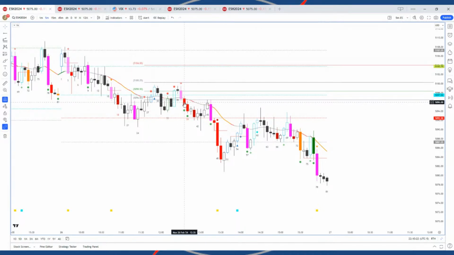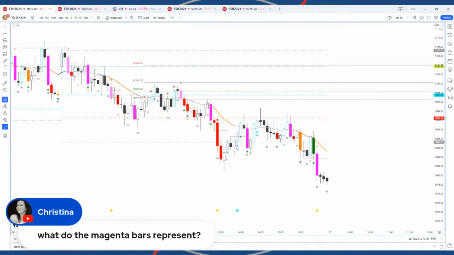And so, magenta bars are, here, I'll pull this up on the screen. The magenta bars are big breakout bars. So they are statistically large bars as a measure of z-score. Z-score is basically just a way of normalizing a standard distribution.